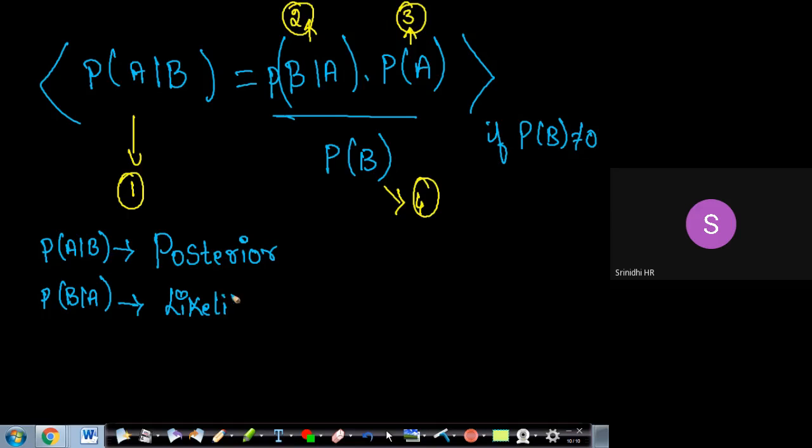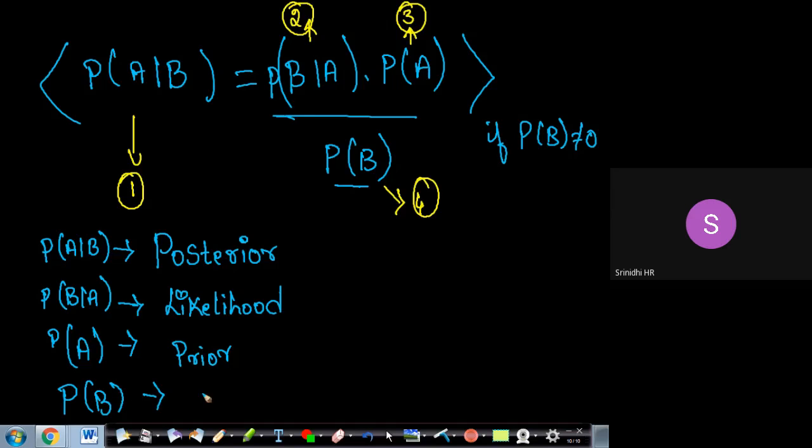The term probability of A, I'll call the prior. And probability of B, I will call your evidence.